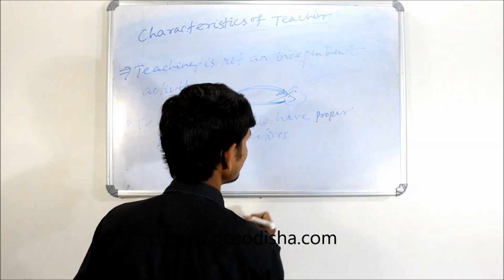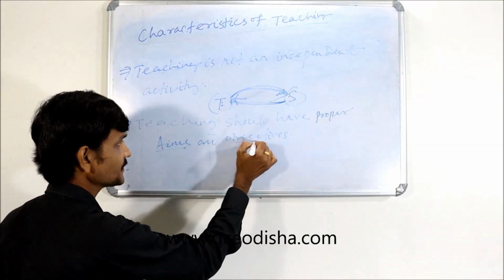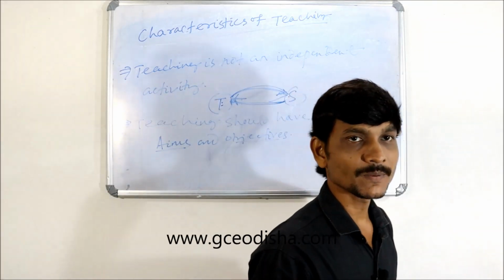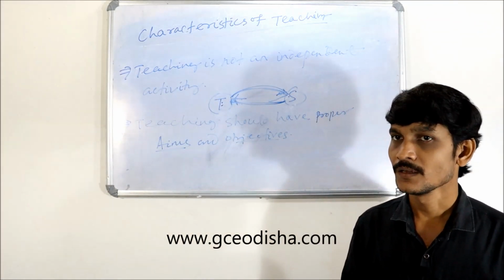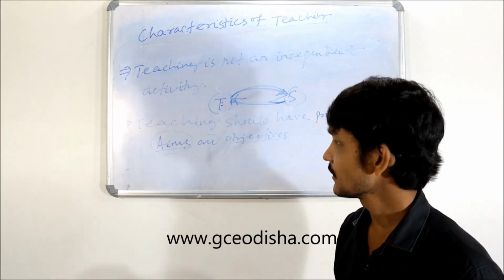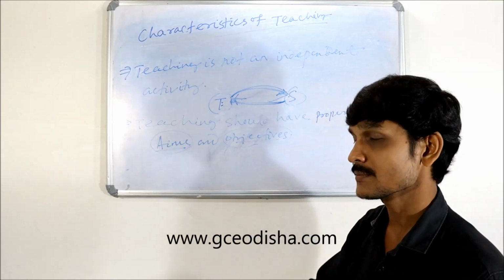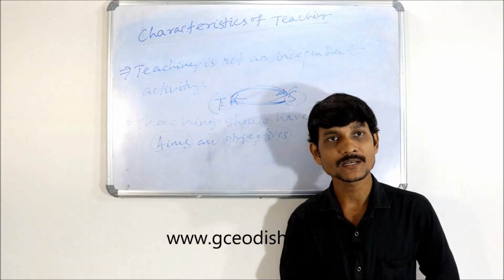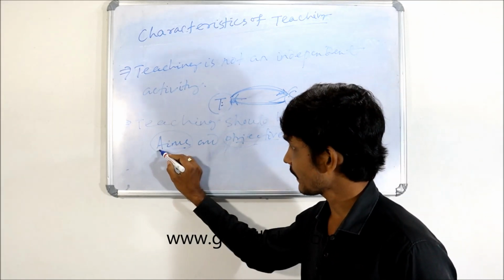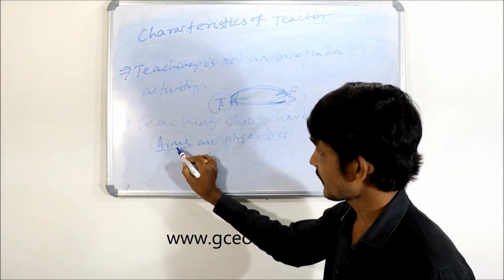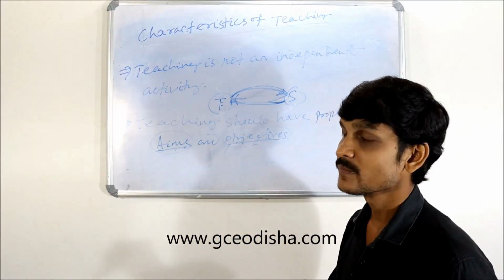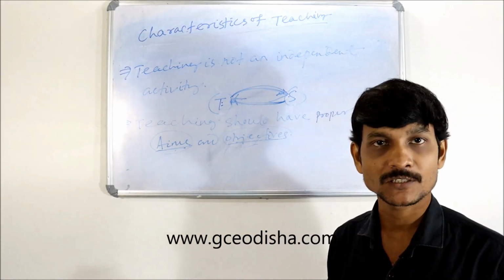Every teaching program should have proper aims and objectives. Any topic when delivered by the teacher in the classroom, every teacher should select their aims and objectives according to the content of the subject matter and according to the behavior of the individual. Every teacher should select appropriate aims and objectives by which the teaching program will be successful.